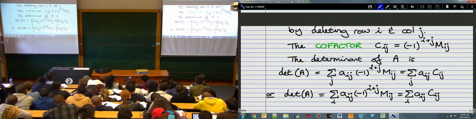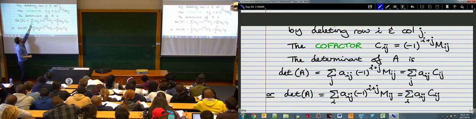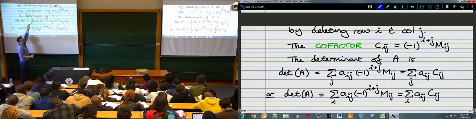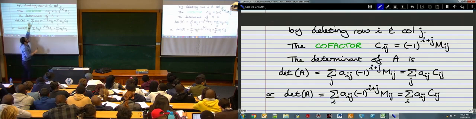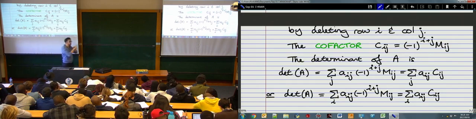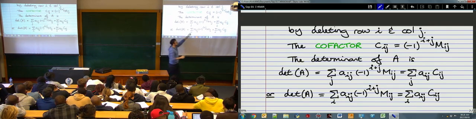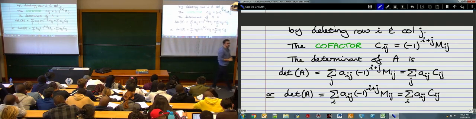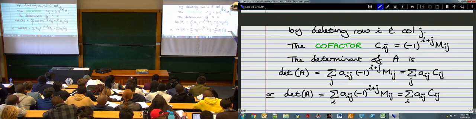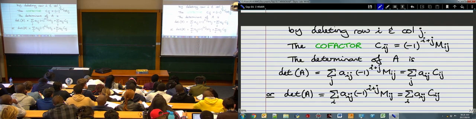And this first expression, you're summing over j. j is the index of your columns. So this first expression corresponds to picking a row and expanding along that row. This second expression over here, i is your row index. So this would correspond to fixing j, choosing a particular column, and then summing over all the rows in the column. So this is expanding down the column.